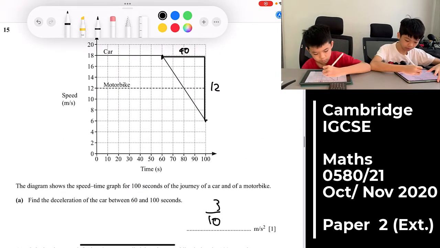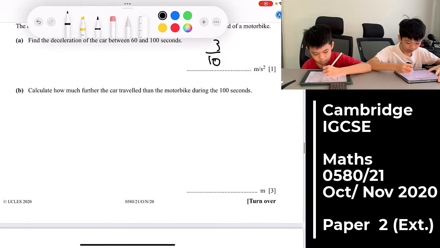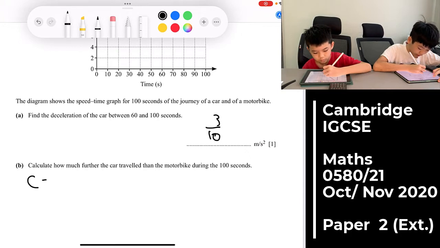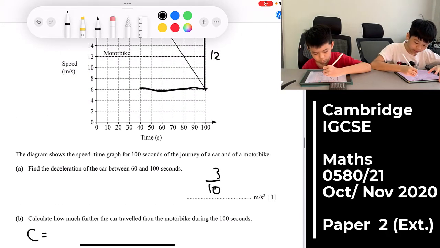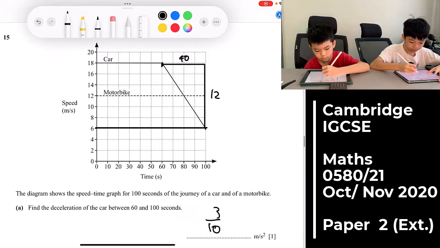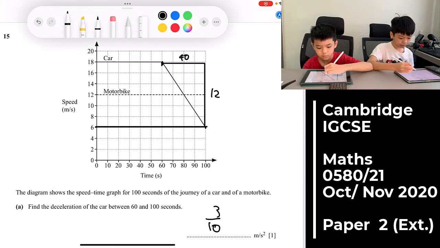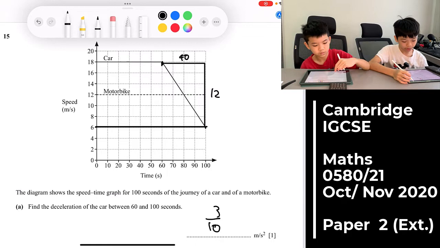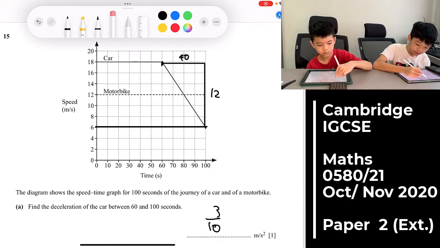Calculate how much further the car traveled than the motorbike during the 100 seconds. Okay, firstly we'll need the car, C, which is the area of the car. We'll split this into two shapes.